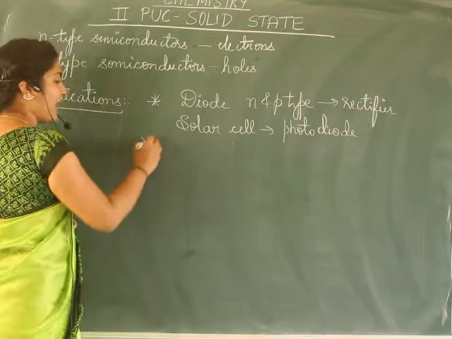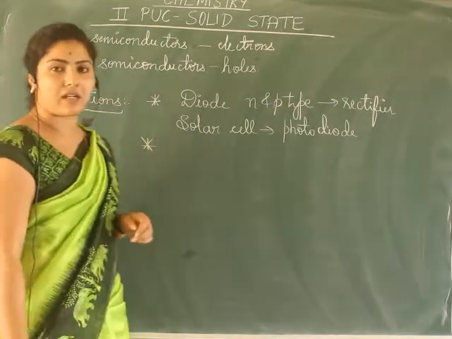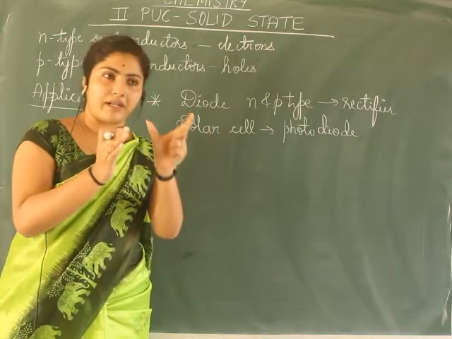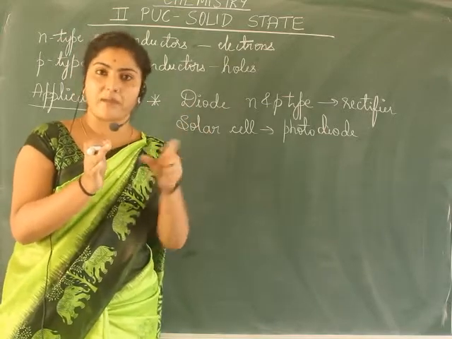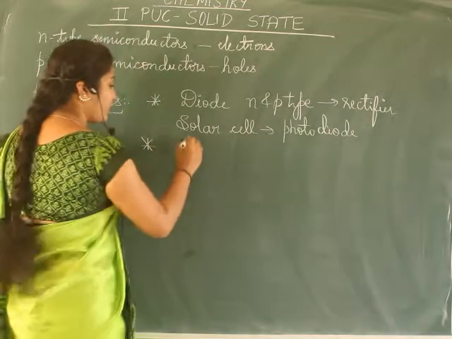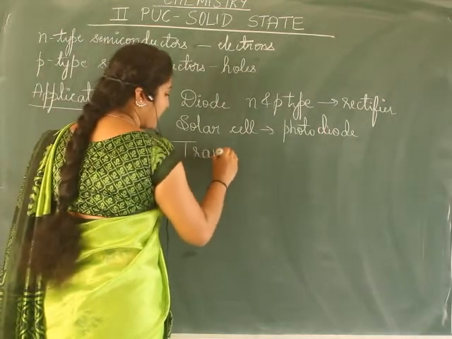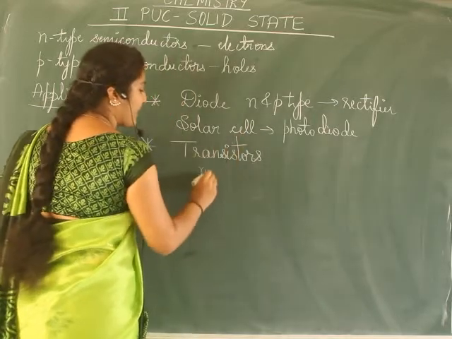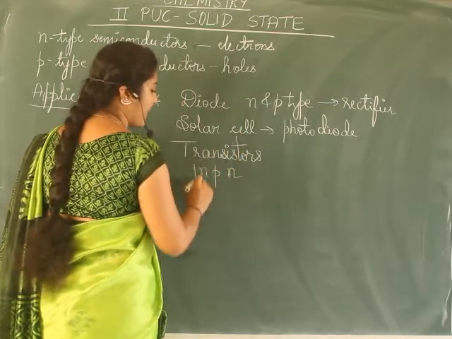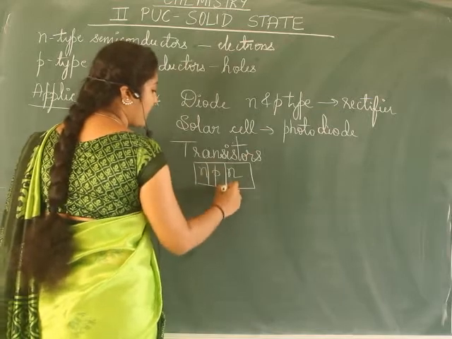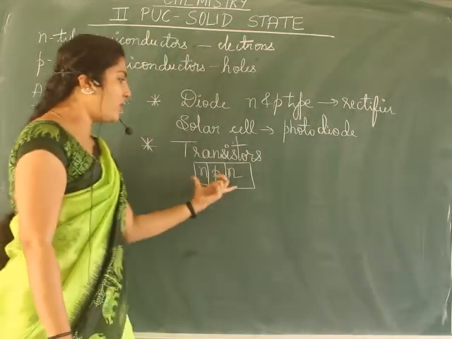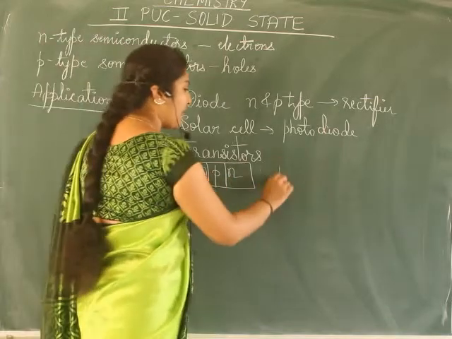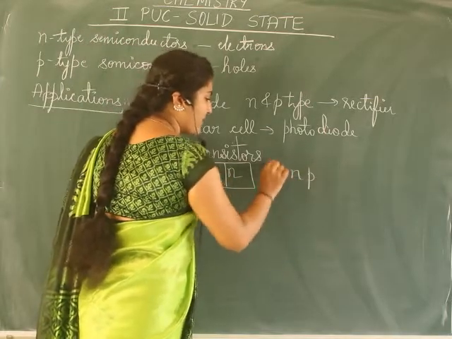One more use is that N-type and P-type semiconductors are sandwiched. That is, if one is N-type, in between it will be P-type, and again N-type. We call them transistors. They are used in transistors where N and P-type semiconductors are sandwiched in between. If two N are there, one in between would be P-type, and this is an NPN transistor. Similarly, the other one is a PNP type of transistor.